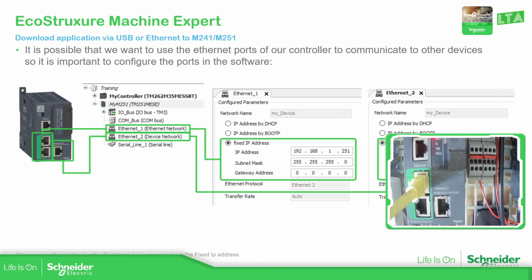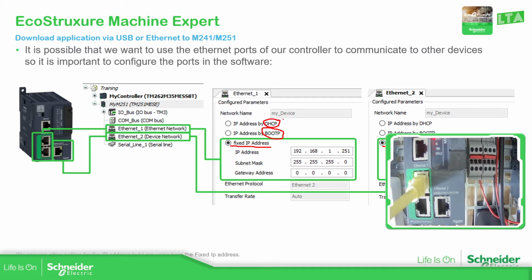Once you have this, you have the possibility to change the IP address of the equipment in the software. Depending on the port, you have the fixed IP address, which is the one that I'm going to use. You have BootP, in case you want to assign the IP address based on the MAC address, or DHCP, where the device network assigns the IP address.